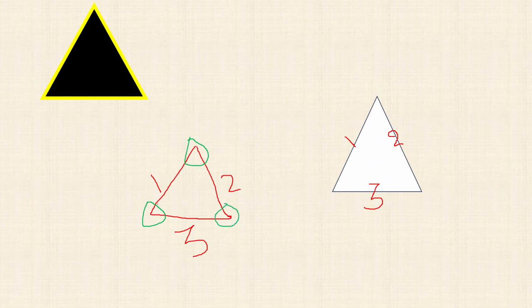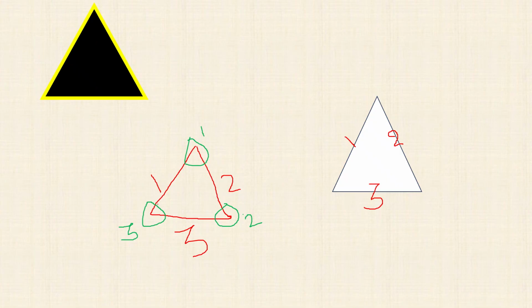So how many corners are here? One, two, and three corners. Okay, so first of all, we draw it like that, and it has three sides: one side, two sides, and three sides.